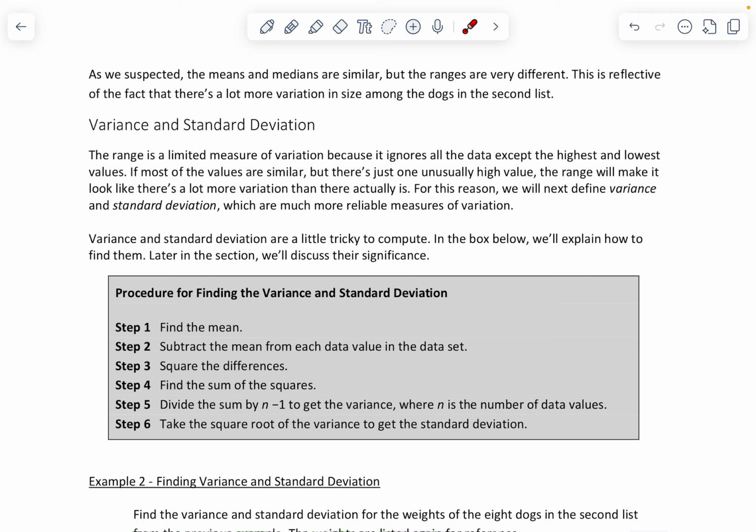So in this video, I'm going to go through an example where we calculate the variance and standard deviation by hand. However, it's also worth mentioning that a lot of scientific and graphing calculators are equipped with built-in functions to do this calculation for you. There is a separate video in the learning module that goes over how to use a typical calculator, I think a TI-30, which is a fairly common one, to find standard deviation.